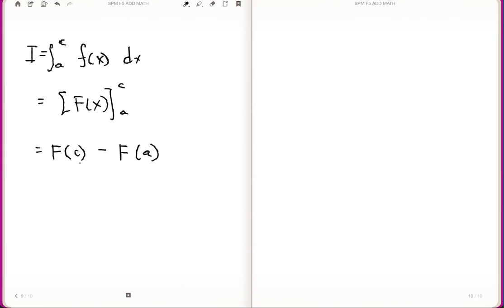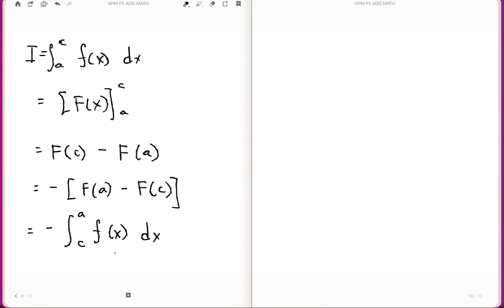Now if you want to rearrange them, what you get here is basically a negative outside. Factorize them, A subtract F(C). What you will get here will be a negative of an integration of A to C, f(x) dx.